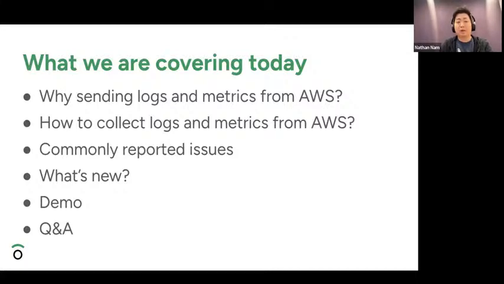Next, I'll cover a common problem reported by our customers regarding the previous AWS integration, then how the new AWS integration has addressed these problems. And after that, I'll show you a demo of how it works.